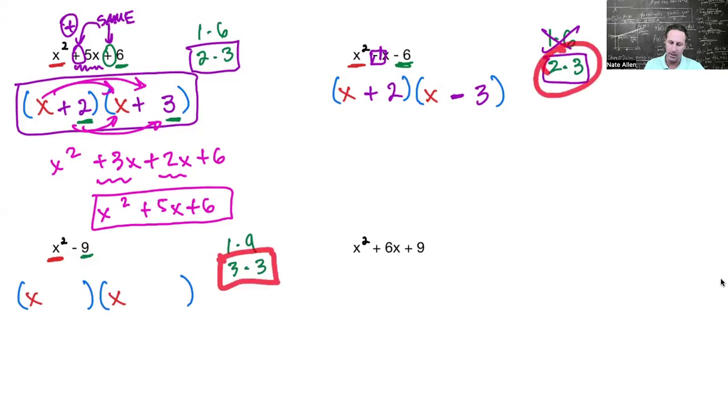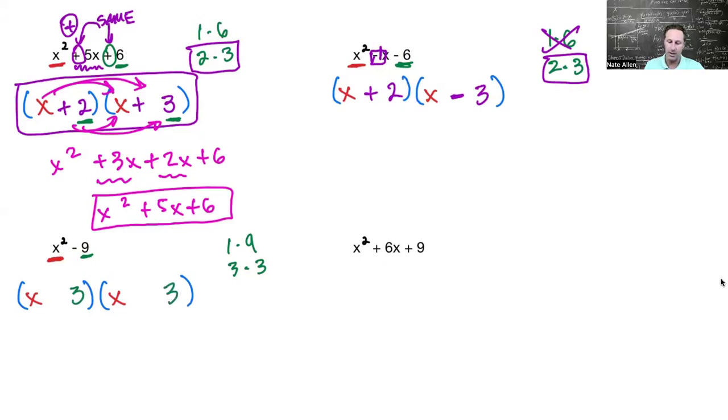Like here, I needed it to be -1. Here, I needed it to be +5. Well, now I need something that's going to be the same so that they will zero out in the middle. And so that's why we're going to put the 3 and the 3.